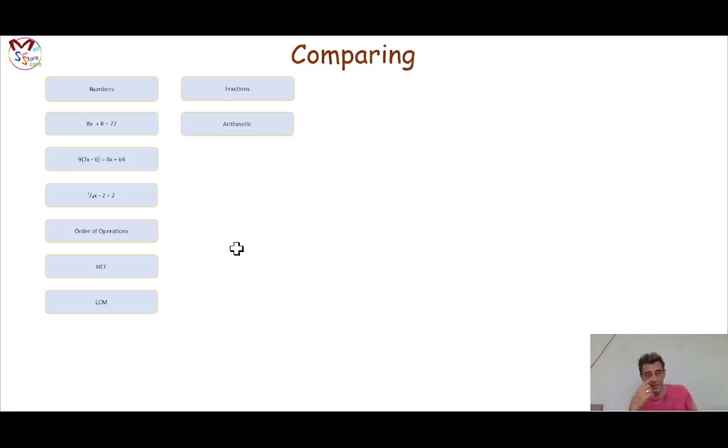But if a teacher is doing BODMAS, order of operations, they want to see, oh, there's an option here to do comparing them and ordering them as well. So when it comes to numbers, there'll be an option for comparing numbers as well.